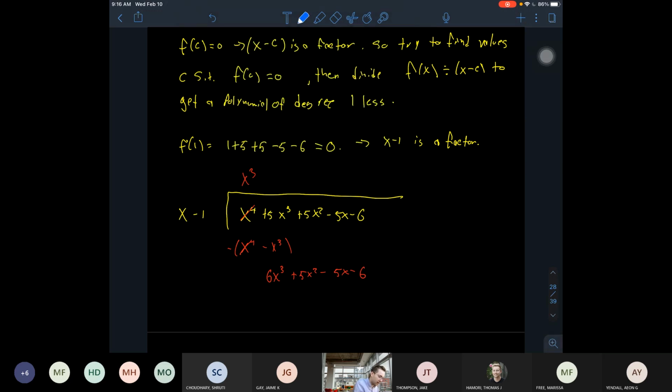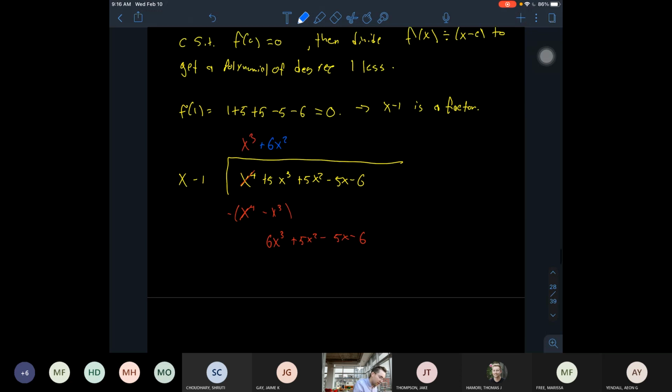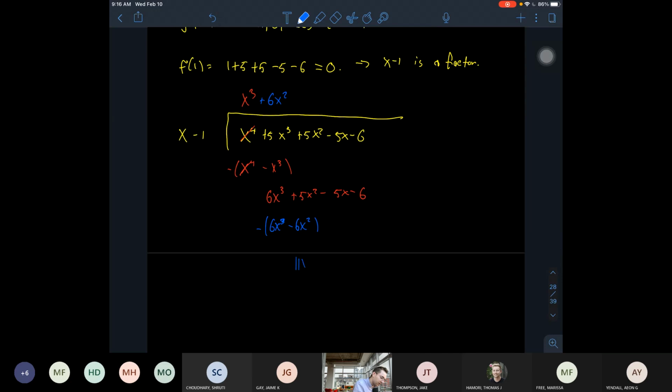Okay, next step, I multiply by 6x squared. I get minus 6x cubed minus 6x squared. This becomes 11x squared minus 5x minus 6.